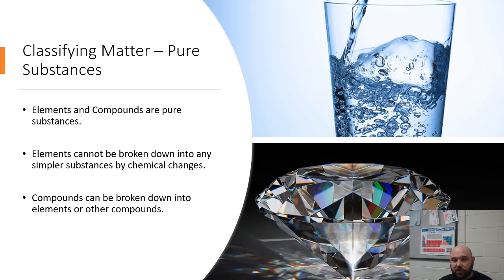And if you have a sample that is nothing but those types of molecules, then you would say you have pure water, and we still consider that a pure substance because it is the same all the way through. Every piece of that is the same. These two are the only examples. Compounds and elements are the only things that we call pure substances.